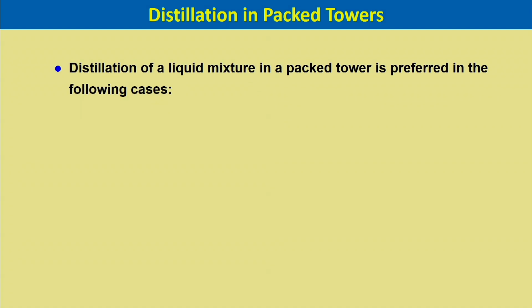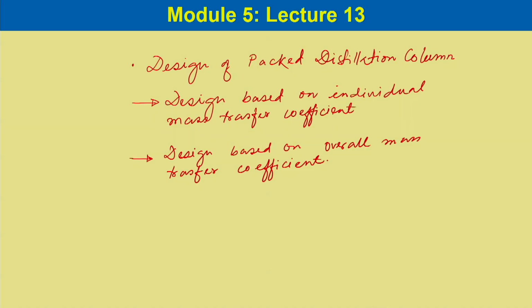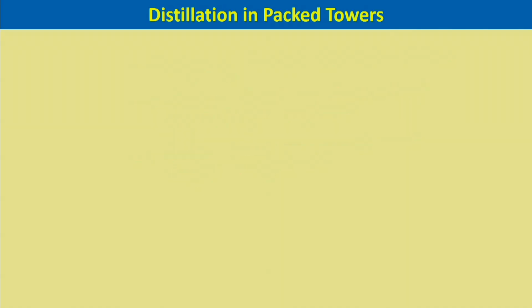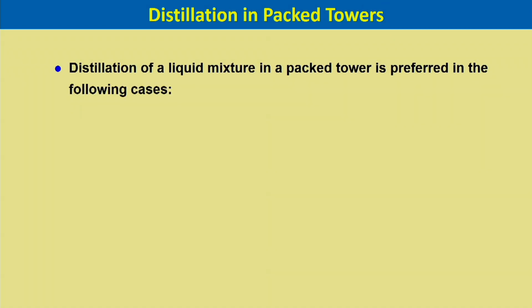Distillation of a liquid mixture in a packed tower is preferred in the following cases. One is vacuum or low pressure operation. So, if we have vacuum or low pressure operation, then a packed tower may be used.